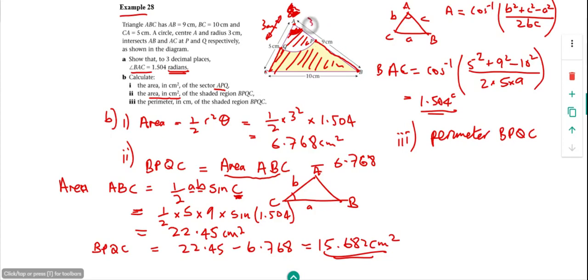Because we know that this length is 3, we know that one's going to be 6. And again, because this one's 3, the radius, we know that's going to be 2. And we know that this one is 10. And then we just need to find the arc QP. So the perimeter of that region is the 2 plus the 6 plus the 10 plus the arc length of QP.